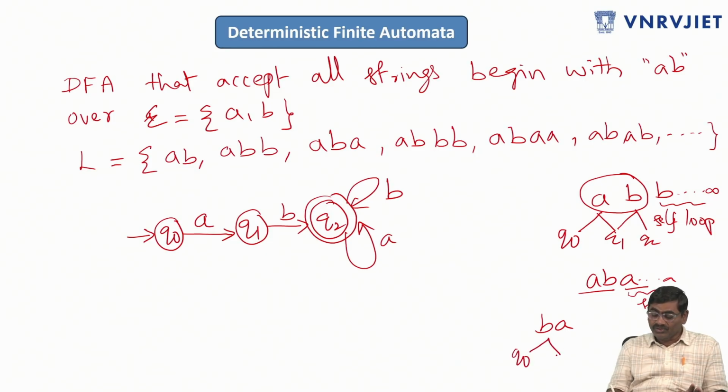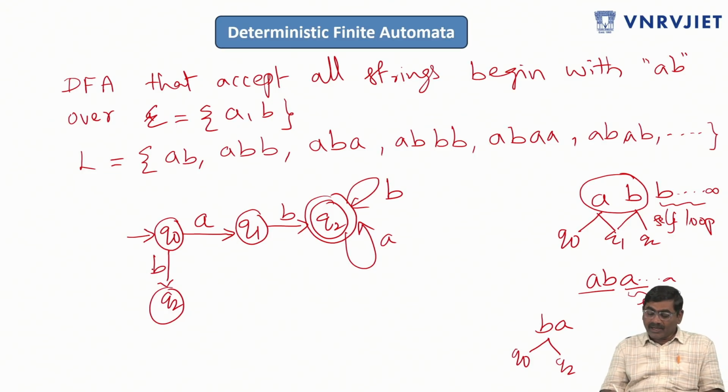Q0 on B should go to a state other than Q1, that is Q2. And after B, there may be any number of A's and B's, because these are strings that are invalid for this language. This is how we can construct the DFA for all strings beginning with AB in the input alphabet sigma that contains A, B.